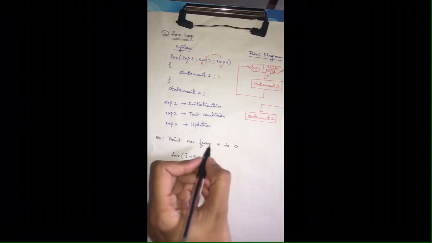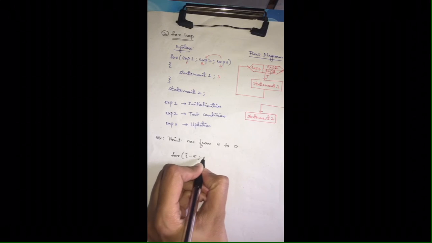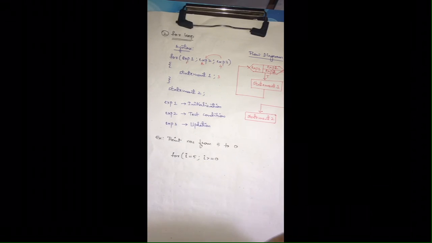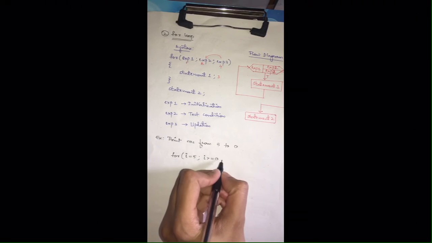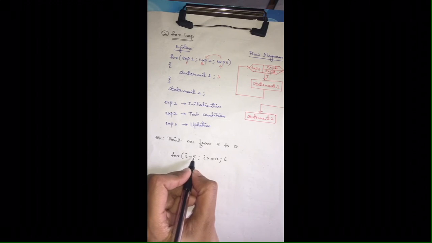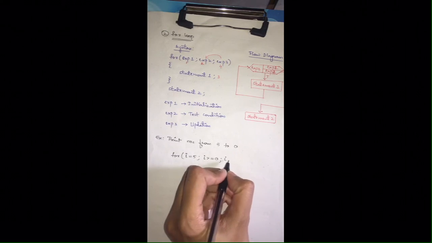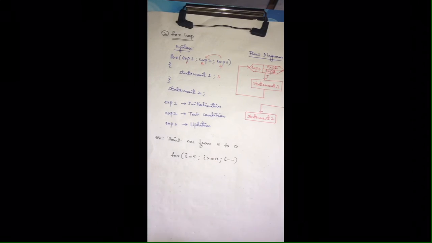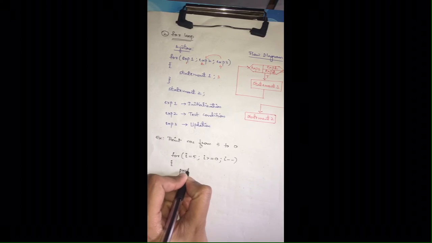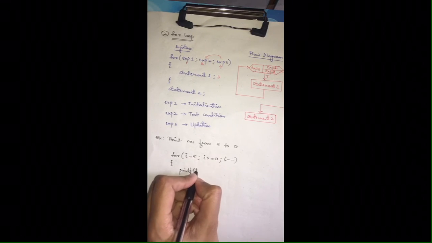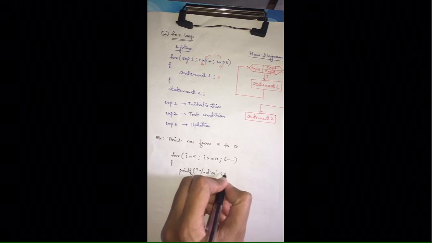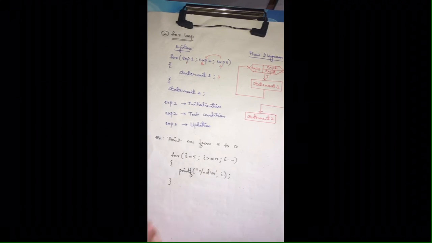So I will put the condition as i greater than or equal to 0. Till 0 we need to print, and next I will update the loop by decrementing it, since we go from 5 to 0. Then I'll use one printf statement, printf %d with the i value, and end the loop.